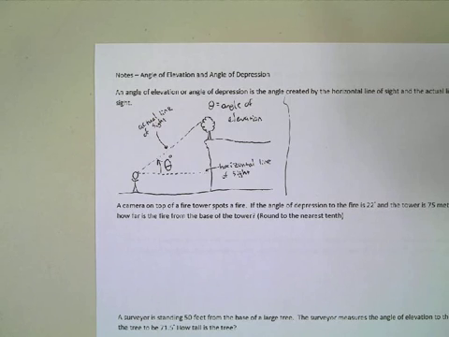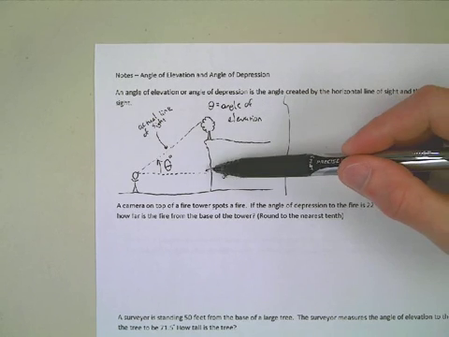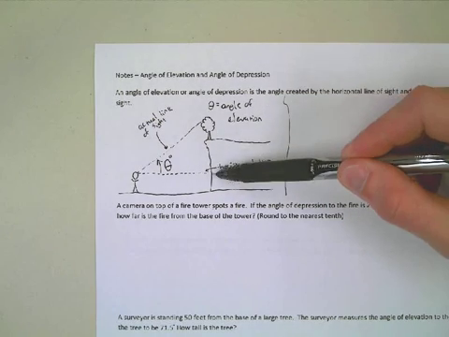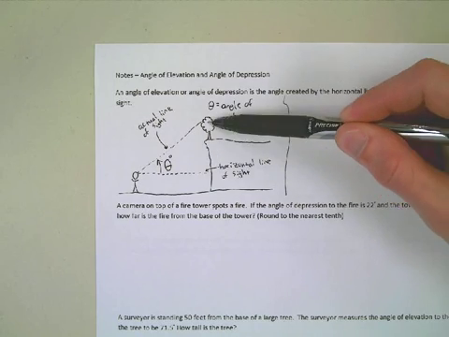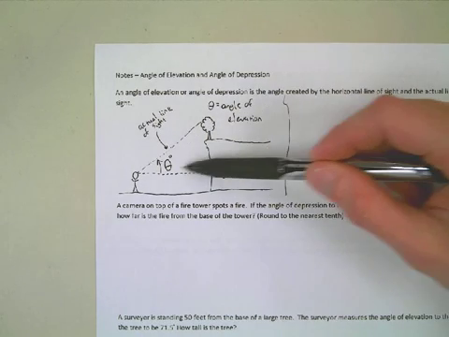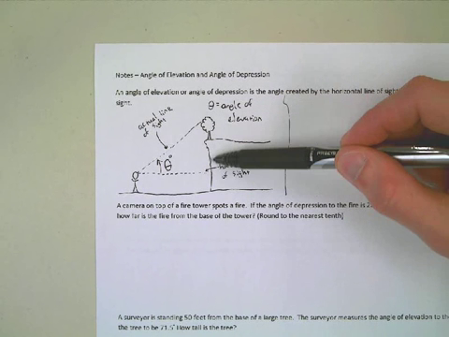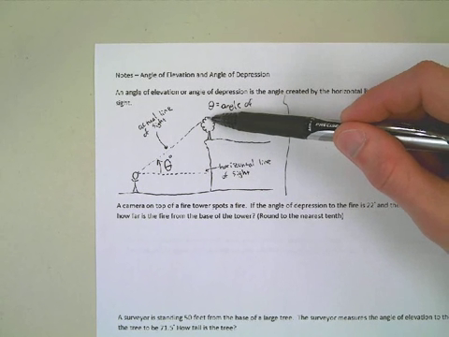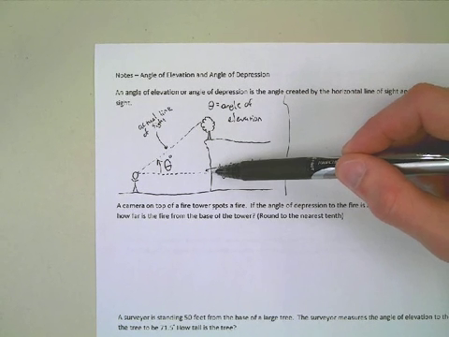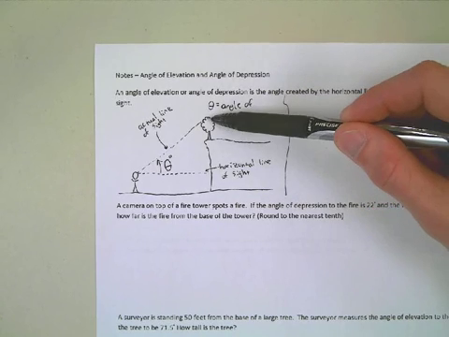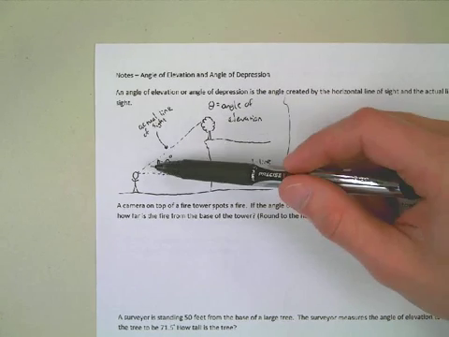Now notice this length. You can see our triangle right here, you can kind of see that triangle in there. Notice that this side of the triangle is not the entire height of the tree. It's only the height from the horizontal line of sight up to the top of the tree. And that's because when you observe, where do you observe from?